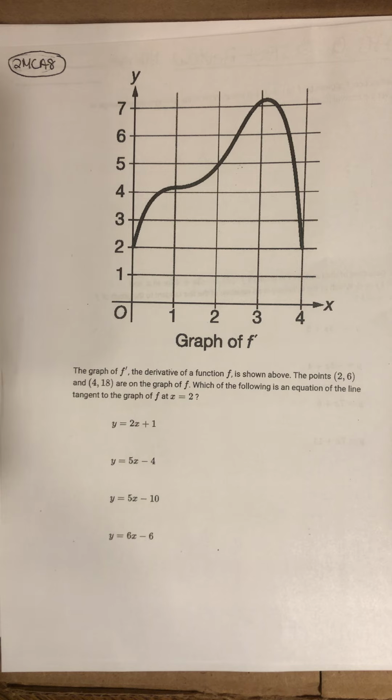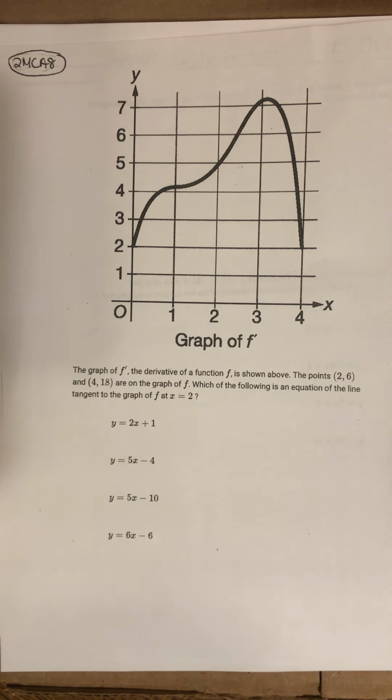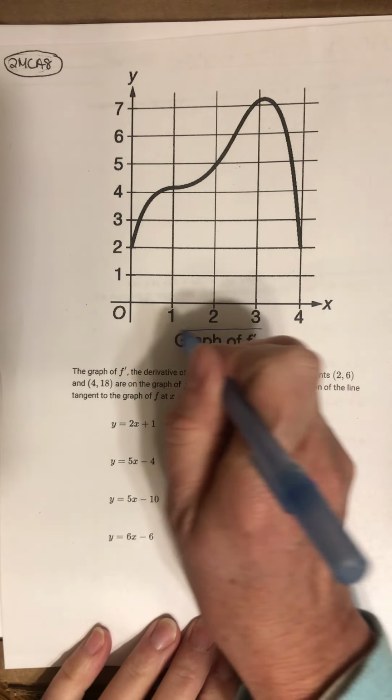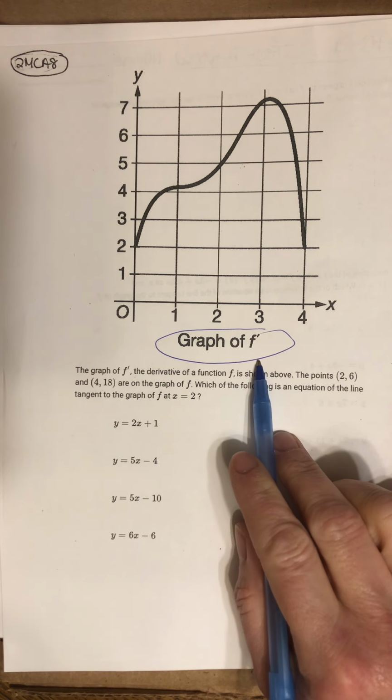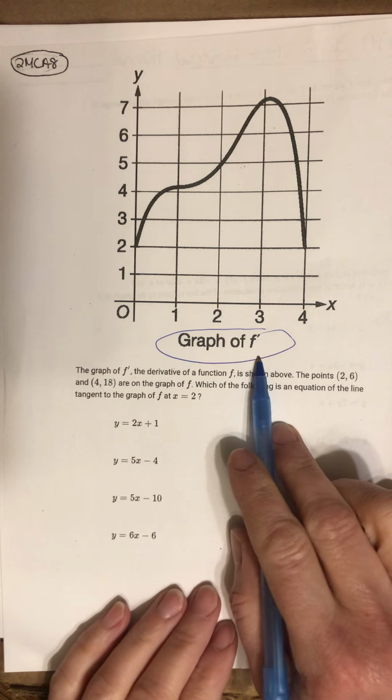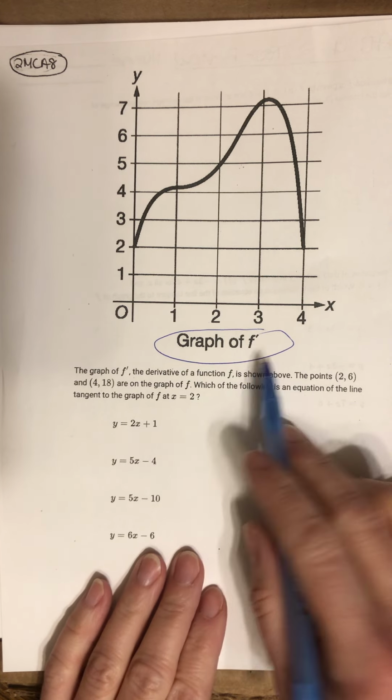The first one I'm doing is 2MCA8, and the picture looks like this. The question is about the graph of the derivative of f. I'm going to circle that right now because we are so used to graphs of f, and this in fact is a derivative graph.